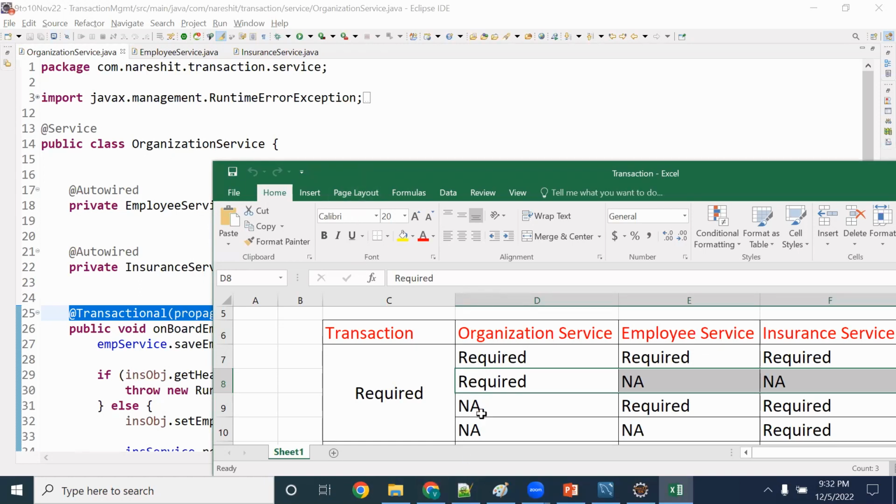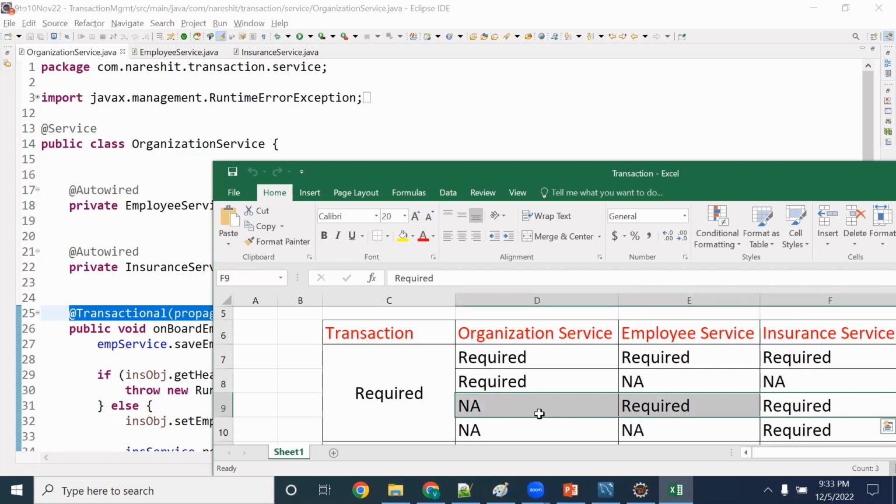In organization service I'm not writing anything, but in employee service I'm writing required. In insurance service also I'm writing required. What happens here? What is going to happen here internally?